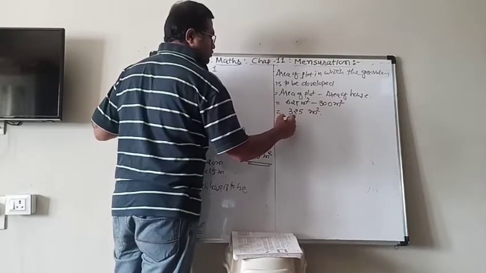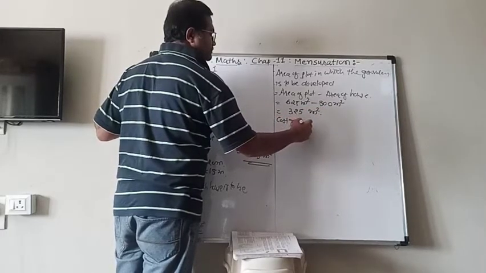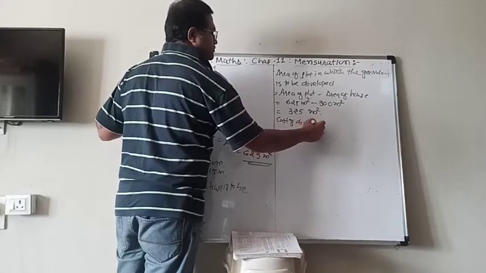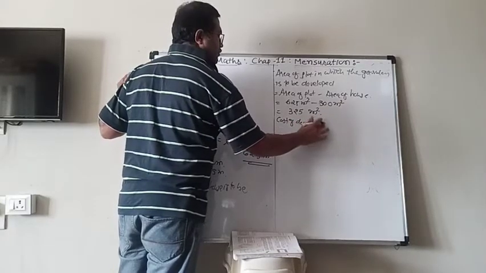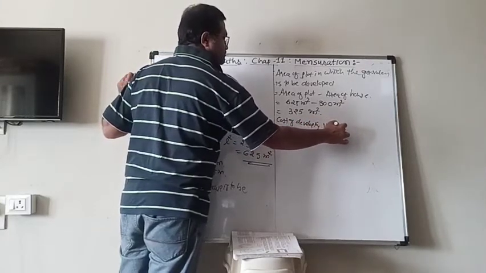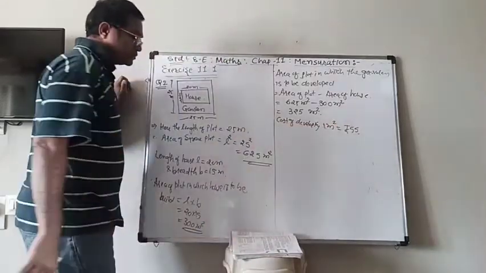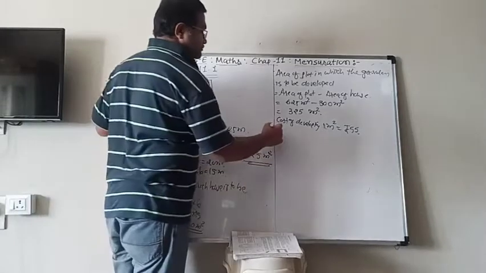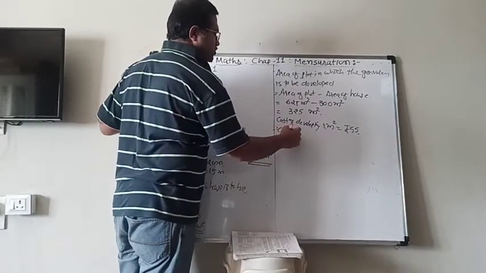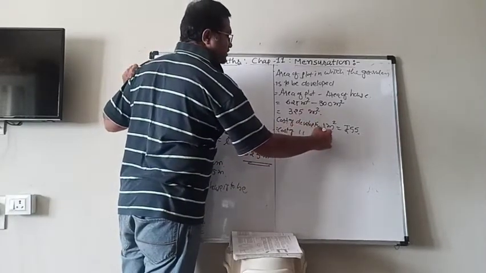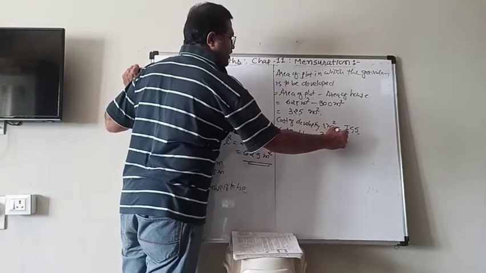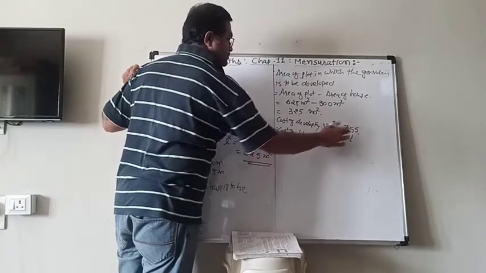Now, the cost of developing 1 meter square is equal to rupees 55. Therefore, the cost of developing how many? 325 meters square.